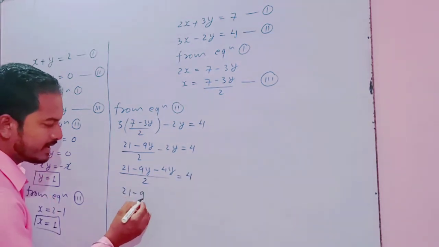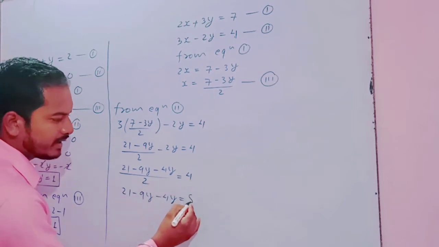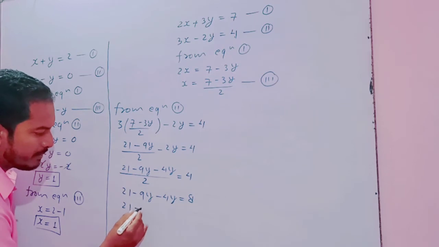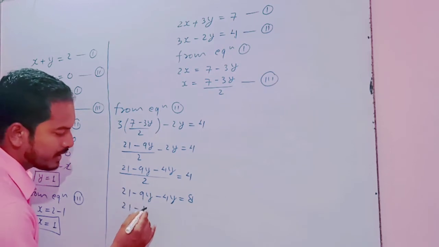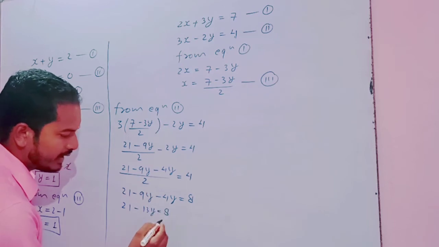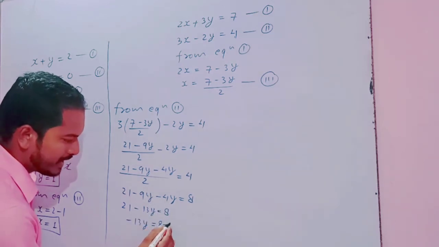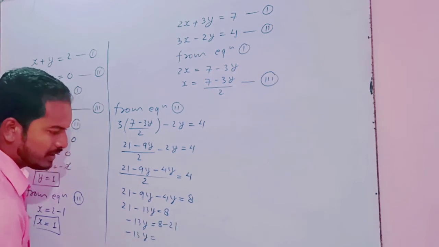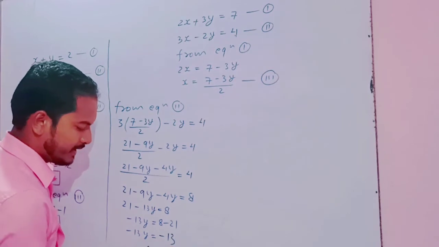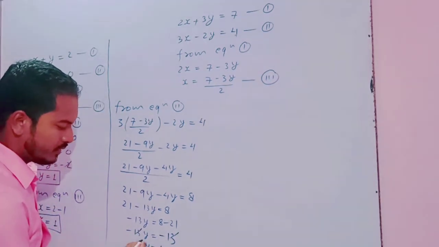Now 21 minus 9y minus 4y is equal to 2 fours are 8. It will be 21 minus 9 minus 4, minus 9 minus 4 is minus 13y equal to 8. It means minus 13y equal to 8 minus 21. It means minus 13y is equal to minus 13. Minus 13 minus 13 cancel out. It means y is equal to 1.